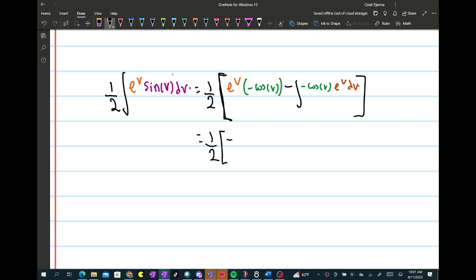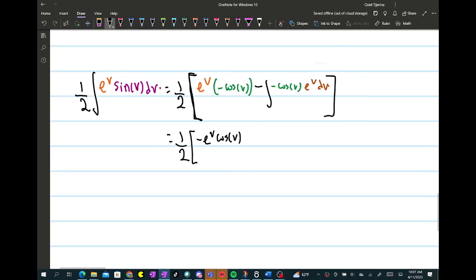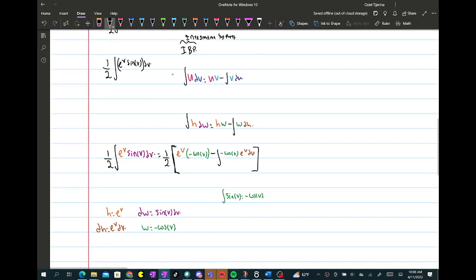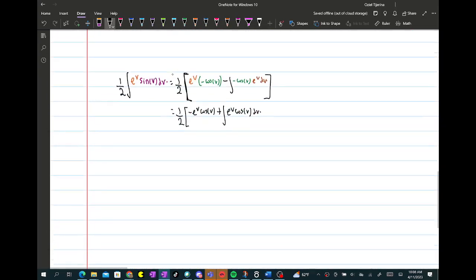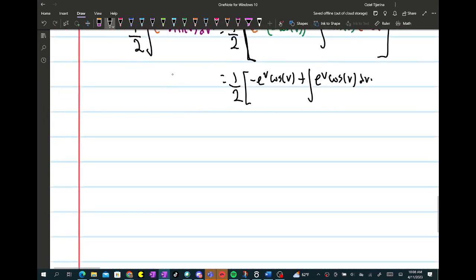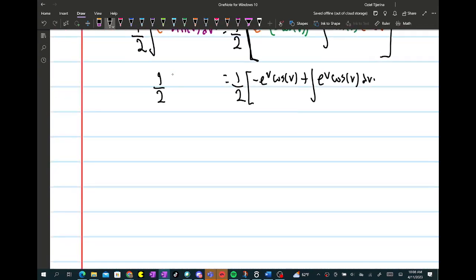This simplifies to negative e to the v cosine of v, and then this is a double negative, so it's going to be plus the integral of e to the v cosine of v dv, right? And that is what is equal to 1/2 times the integral of e to the v sine of v dv.